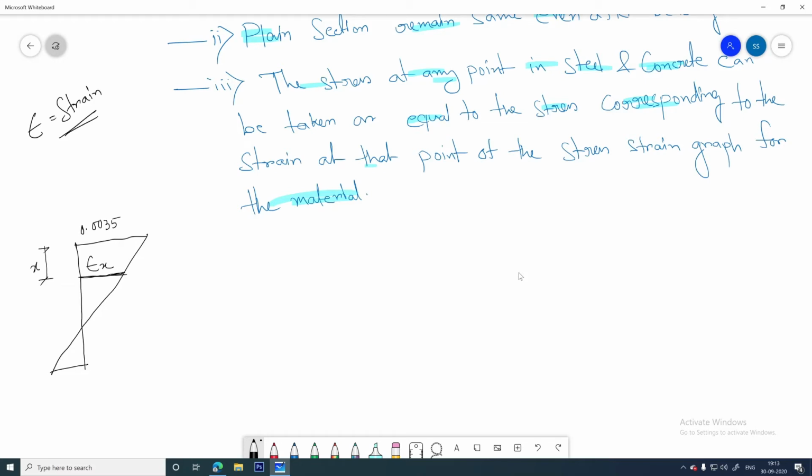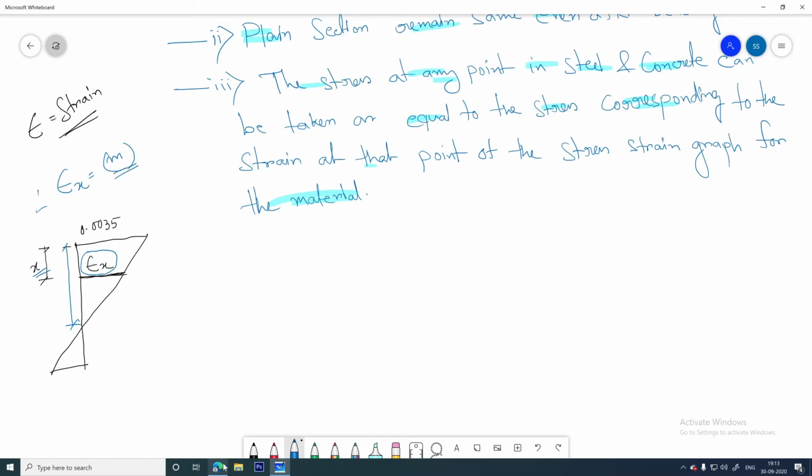How do you determine it? Because you know this distance, that is xu, the depth of neutral axis, and you also know this x value. So by similar triangles you can determine this epsilon x. Suppose that gives the value m. Then we need to determine the corresponding value of stress for this strain.